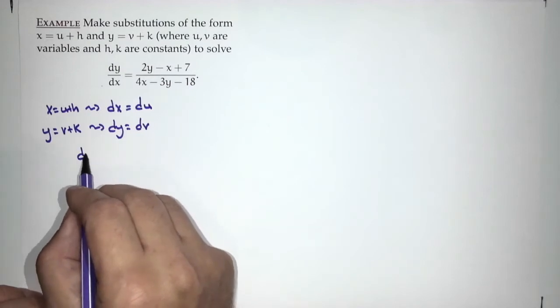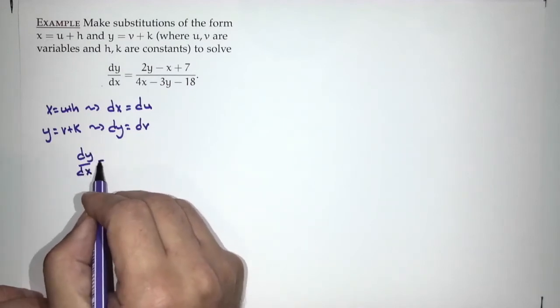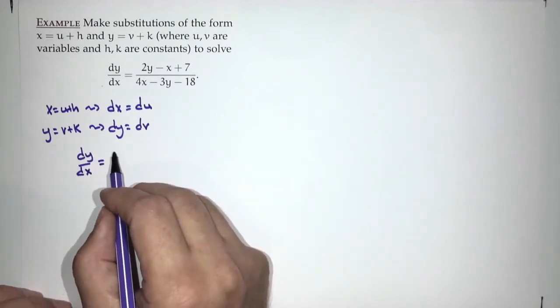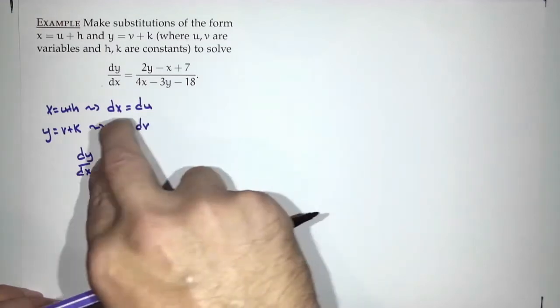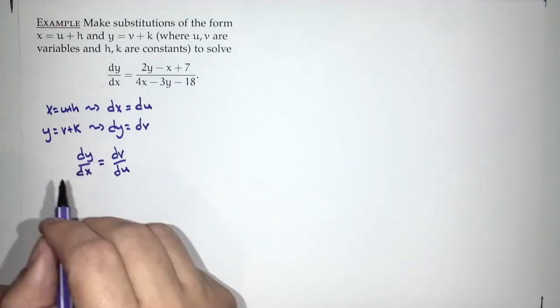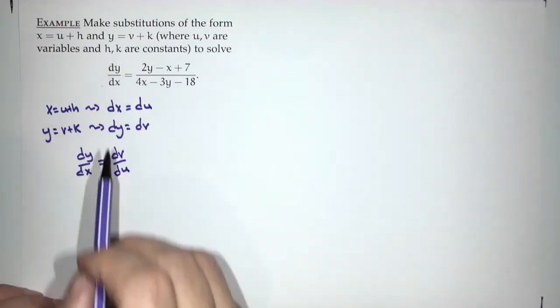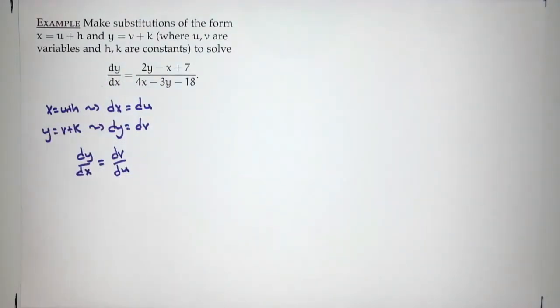What can we say about dy dx? It becomes dv du, because we're changing the order here. So it's like, great, I can change to dy dx. All right, that doesn't seem to really care what h and k are. All right, well, let's look at the other piece.